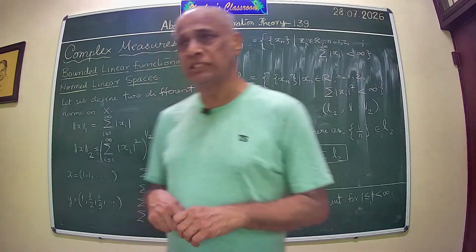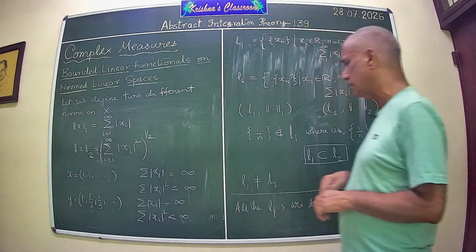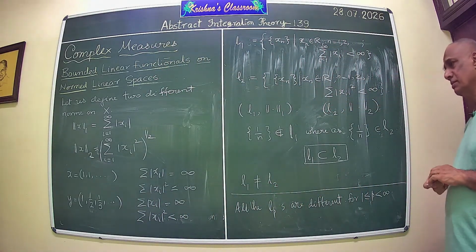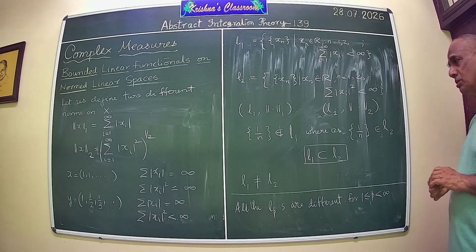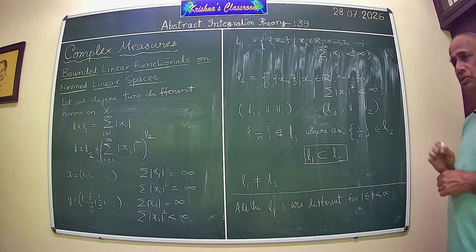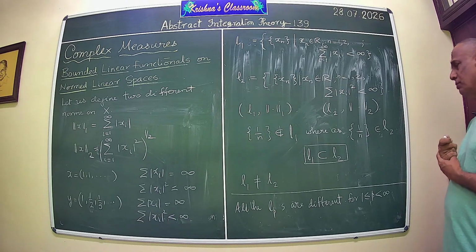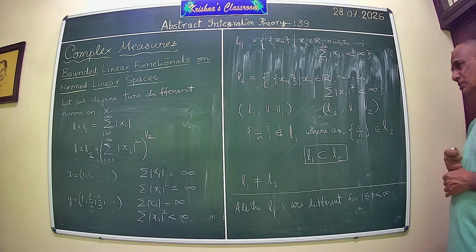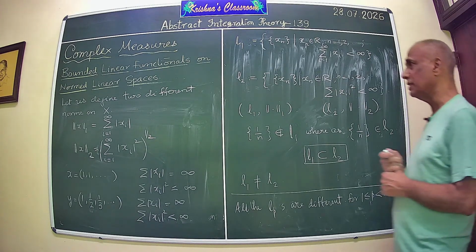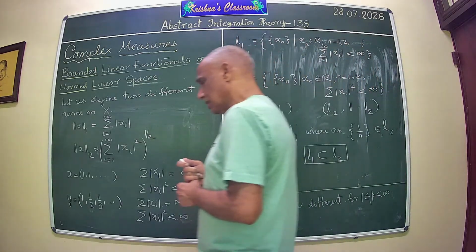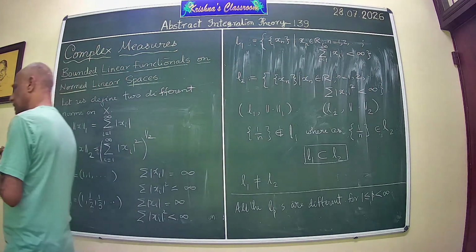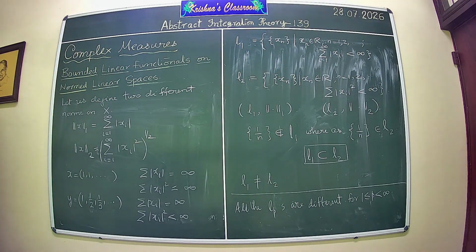But is it possible to make a statement of this kind in this case? Okay, so you raise the same question here and then try to find out a solution for this. Okay, so that is going to be the theme for our discussion in the next few lectures.